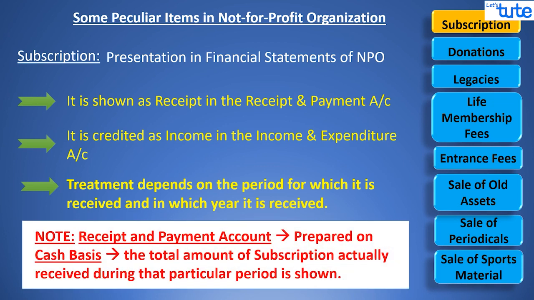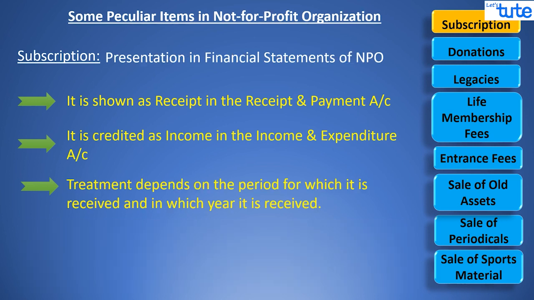So do note that in receipts and payment account, the total amount of subscription actually received during that particular period is shown irrespective of the fact whether it is received for the current year or previous year or next year, since it is prepared on cash basis.